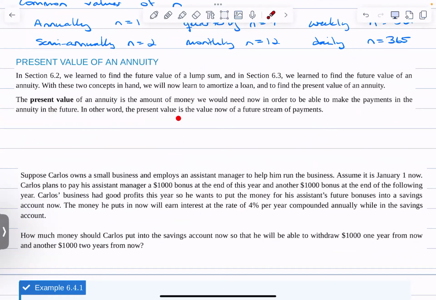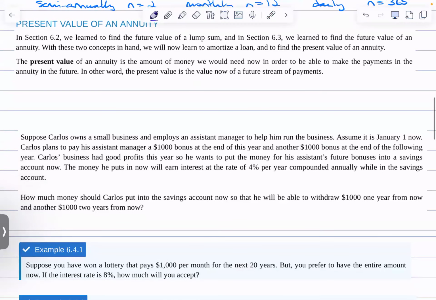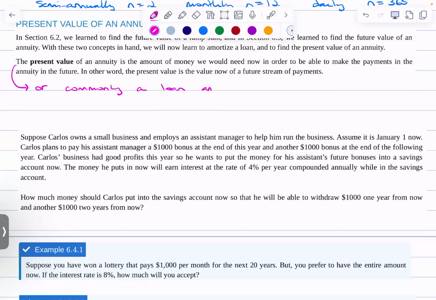In other words, the present value is the value now of a future stream of payments, or more commonly, it's the amount of money that you've borrowed, and then you have to pay it off in some set amount of time. Or commonly a loan amount we need to pay off.